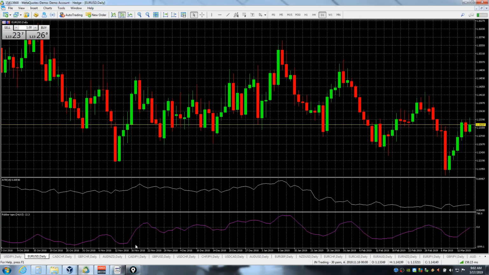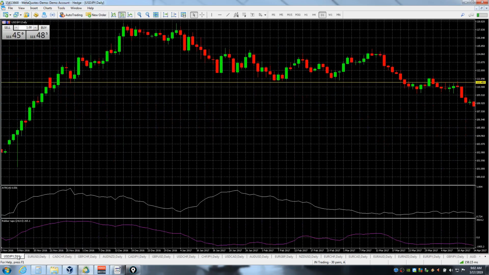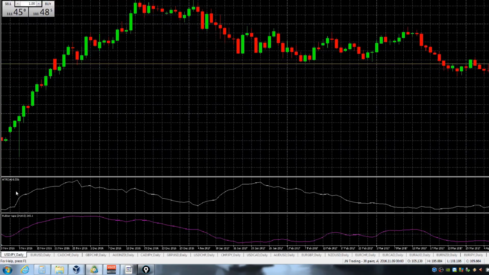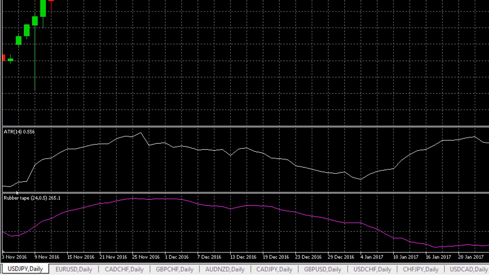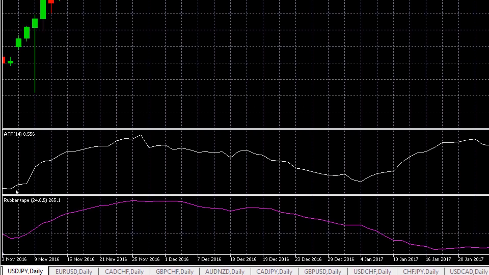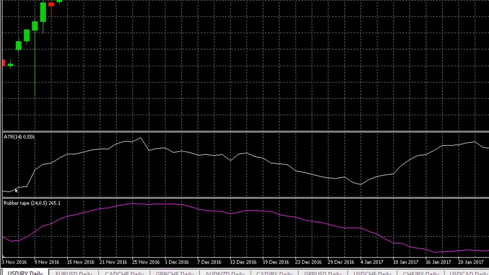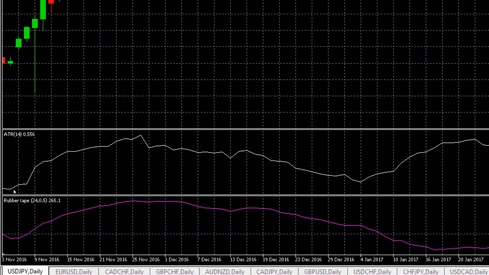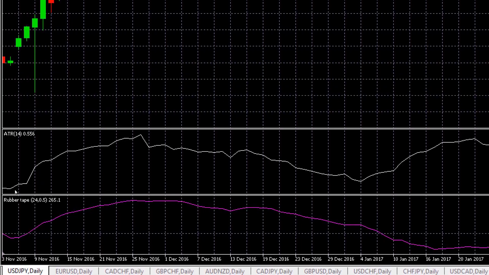So let me just show you real quick on the Japanese yen pair, because that one's a little bit different as far as the way the pips go. On the Japanese yen, if you notice here, see how it says the ATR 0.556? A single pip is at the second decimal place, so because it's 0.55, it's 55 pips.